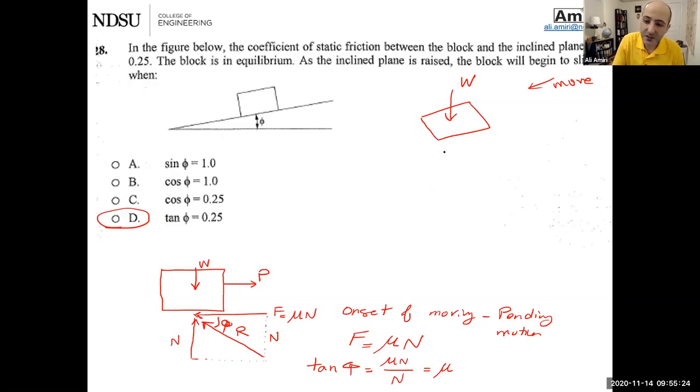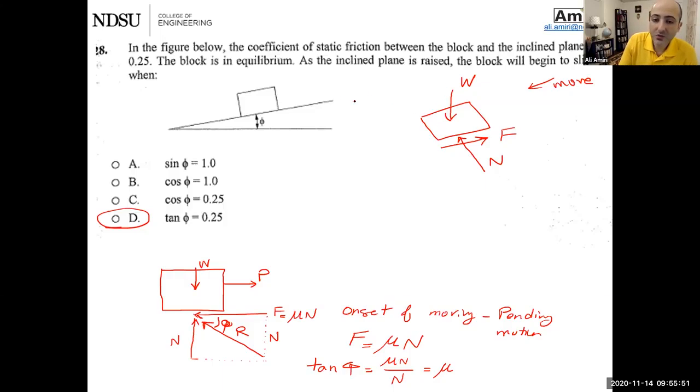That means the friction is going to be opposite of that movement, okay? And it always has a normal force perpendicular to the surface. This is it, okay? So we've got to solve for the friction force.